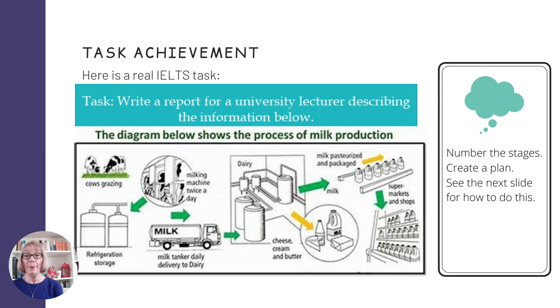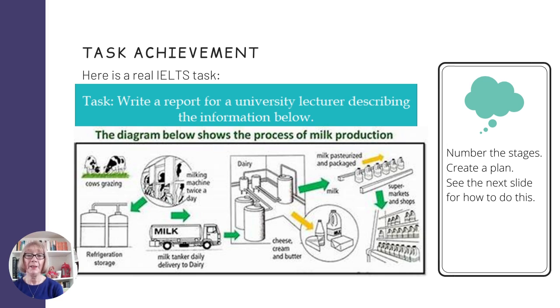Same image here, but the information on the right is telling you that a good way to start is to number the stages from the cattle grazing in a field to the final stage, which is milk bottles in a shop or supermarket. And numbering those stages should allow you to create a plan.